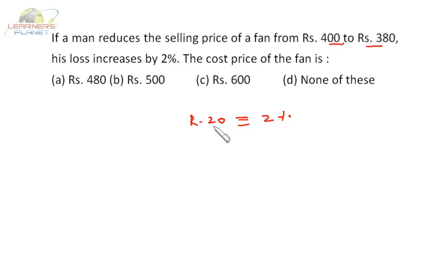So if 2% is 20, 1% is 10, that means 100% is 1000, which is not there in the option, so it's none of these. A very simple concept, but you just have to keep in your mind that loss or profit is always calculated on the cost price. If 2% is the increment in loss because of this price, then 100% is the cost price.